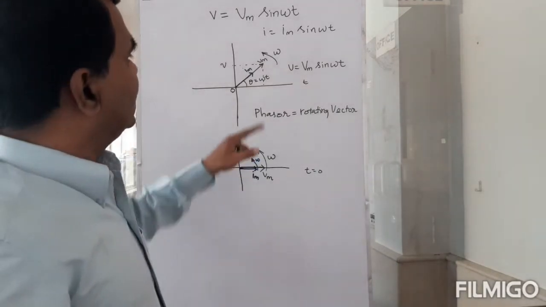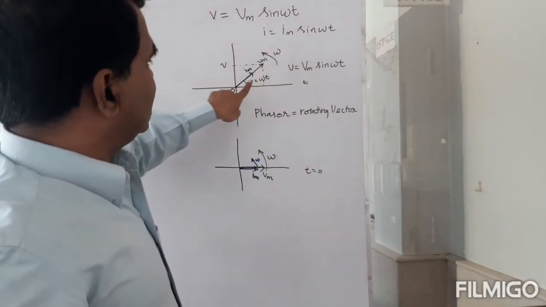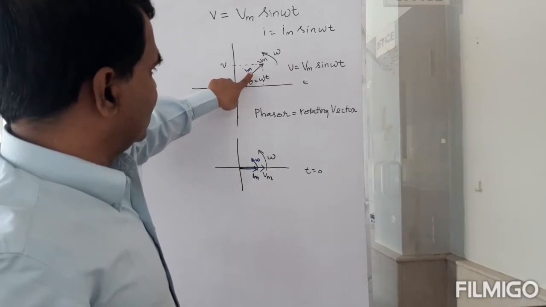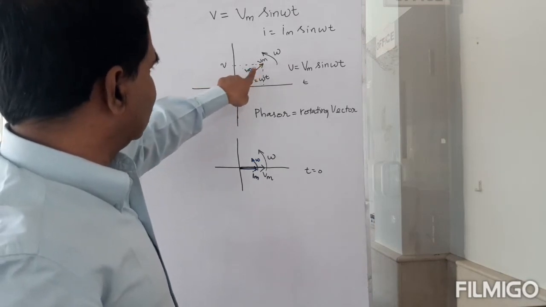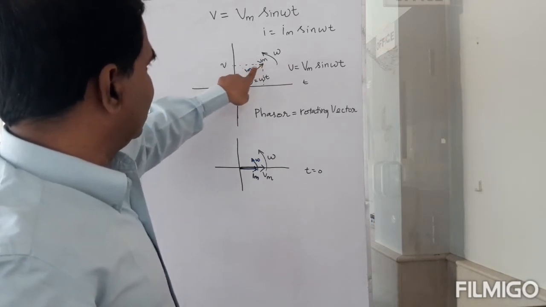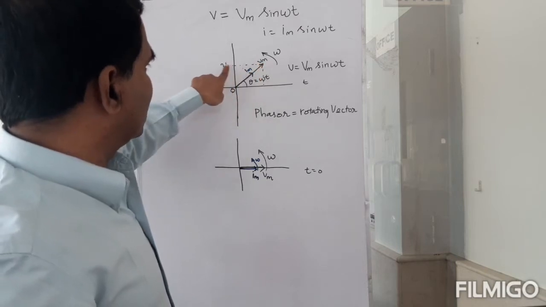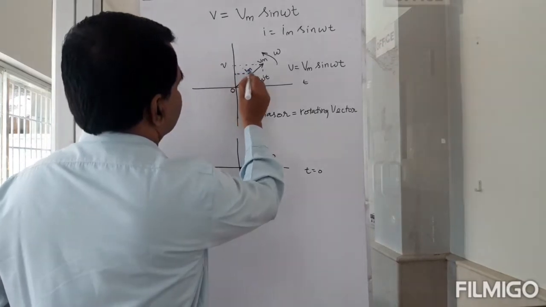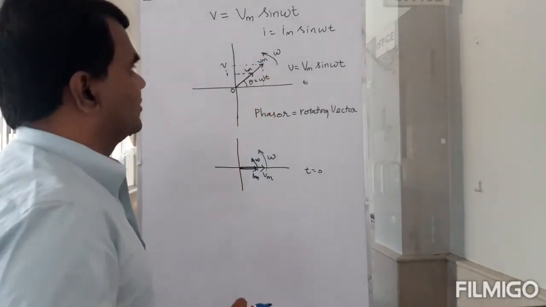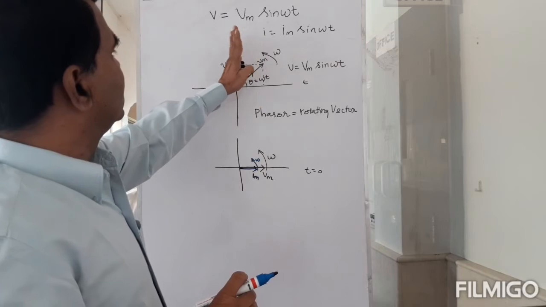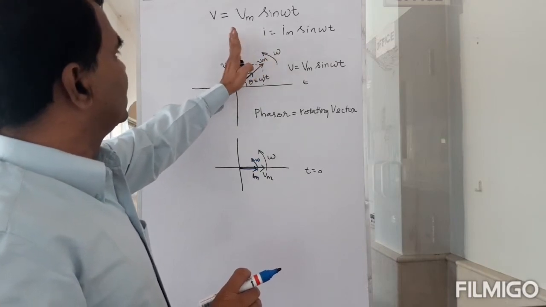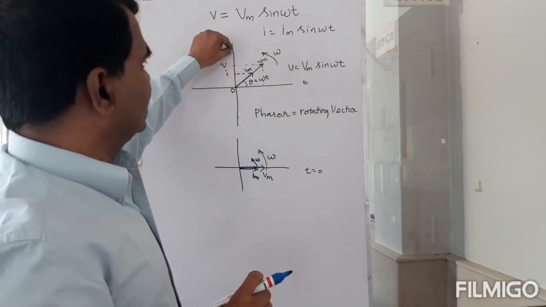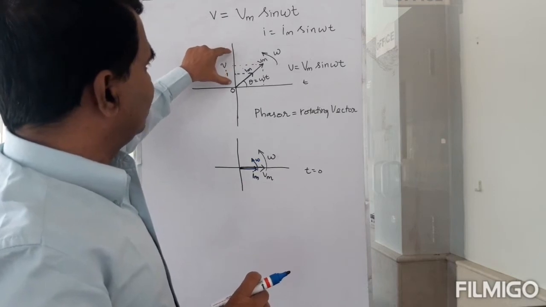Same, right? When Vm is here, Im will also make the same angle, so the voltage will have this value and the current will have this value at the time t.